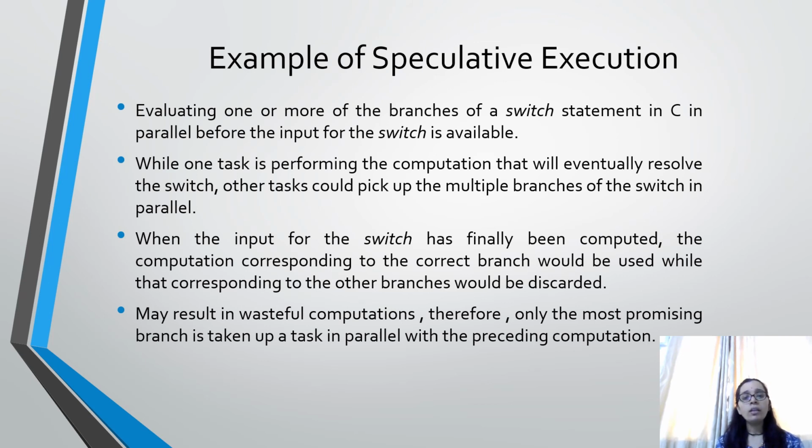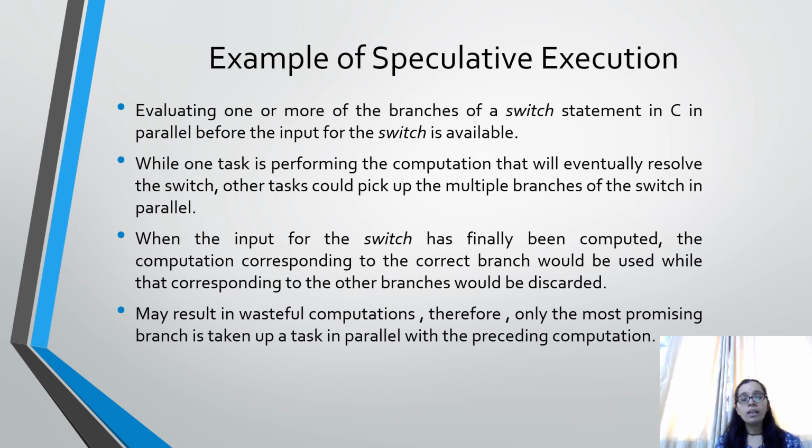And whenever the input of the switch is computed, the computation corresponding to the correct branch will be used. That is, whichever case is true, suppose case 2, then case 2 will be computed. The remaining will all be discarded. So this is the example of speculative execution.